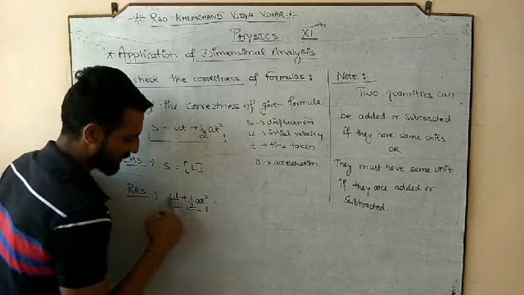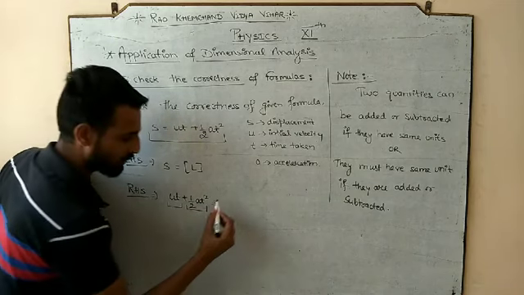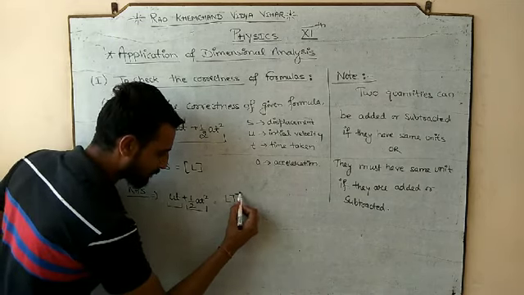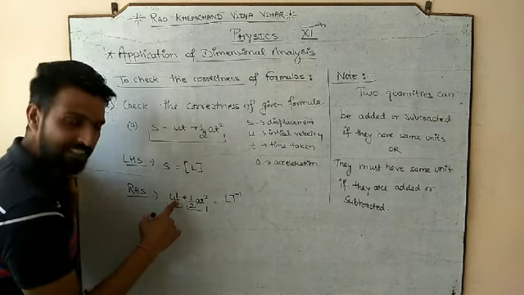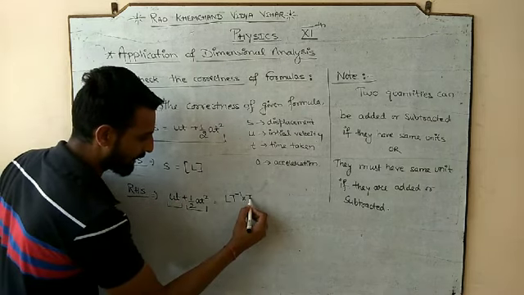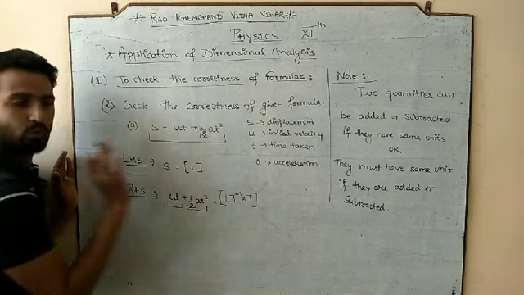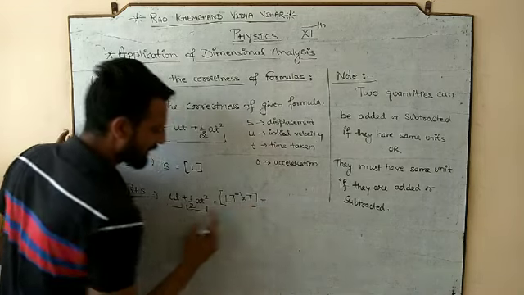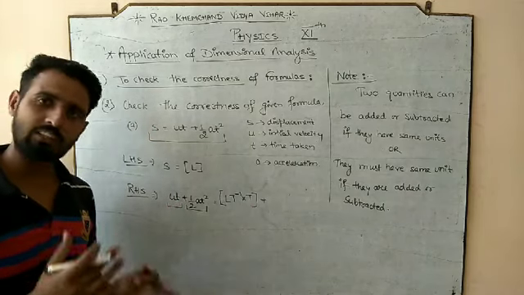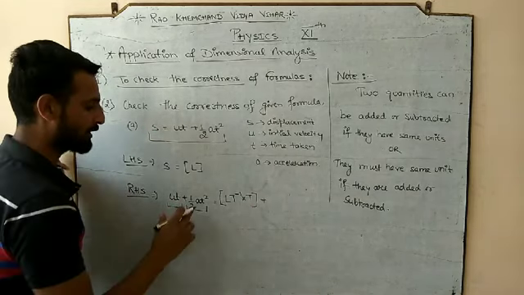u means initial velocity, so it is LT minus 1 into t. T stands for time taken. So this is your first quantity, ut, u into t, plus half. 1 by 2 does not have any dimension, so it is dimensionless.